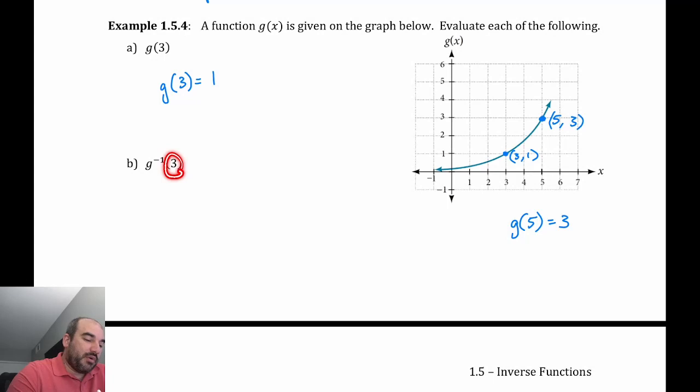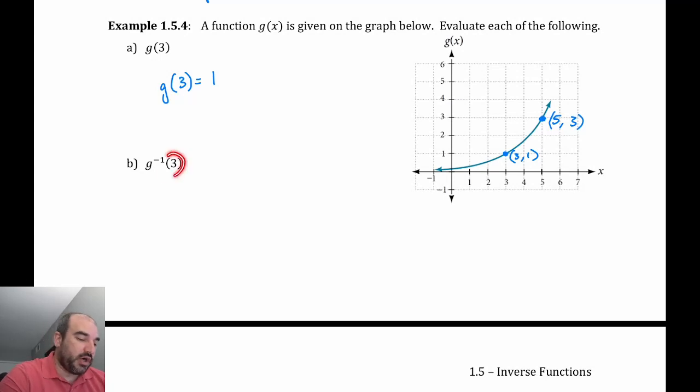So the number we're plugging in here. The 5 from before, I was just giving an example. If we were to do g of 5, it would be 3. I guess we don't really need that. But when we're doing g inverse of 3, remember the inputs going into the inverse function are y values.